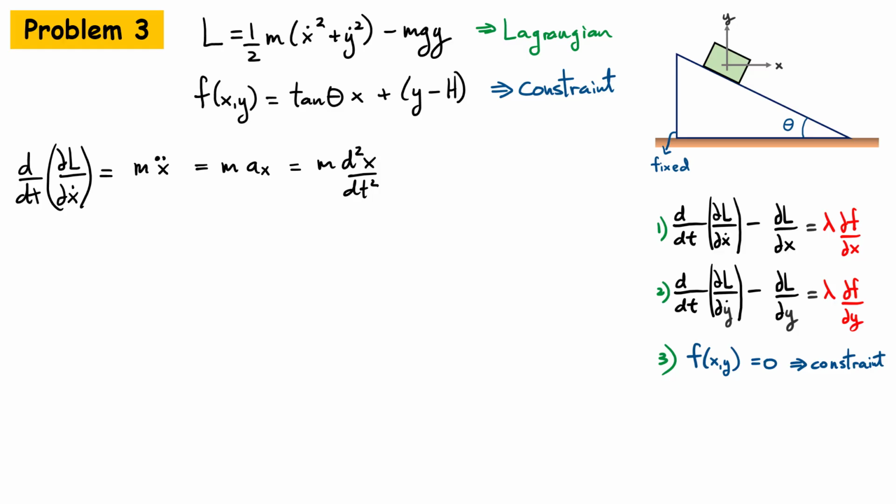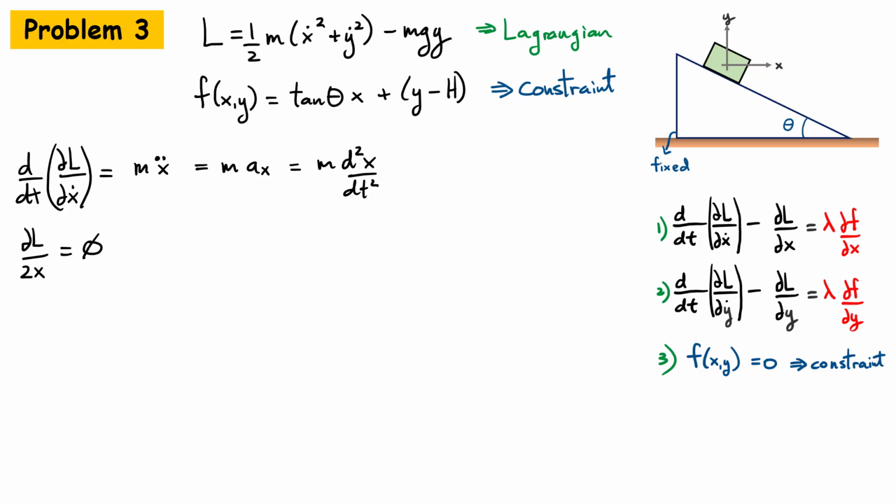Let's keep going for our x equation, however. We also need to evaluate the derivative of this Lagrangian with respect to the x coordinate. There is no x coordinate anywhere in this Lagrangian, so that case is easy. It's simply equal to 0. We still have the right-hand side: the constant lambda, our multiplier, multiplied by the partial derivative of our constraint with respect to x.